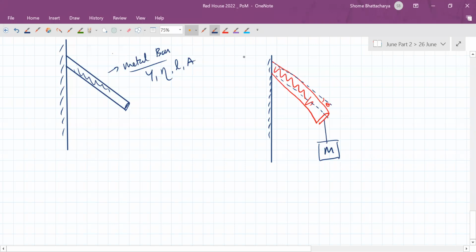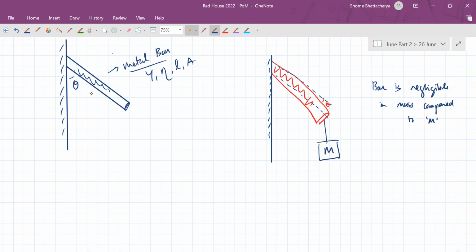So if the metallic bar itself is negligible in mass compared to M, now we can see that suppose this angle is beta. So here this angle will be more or less beta, be slightly less because of the bending.